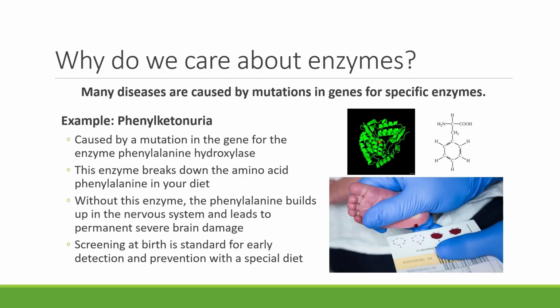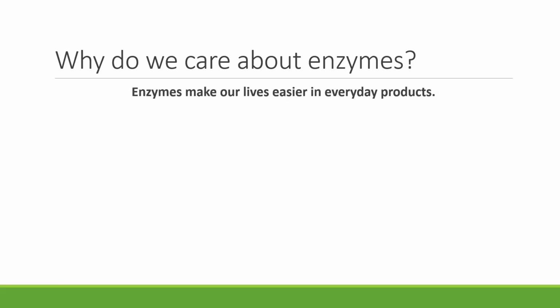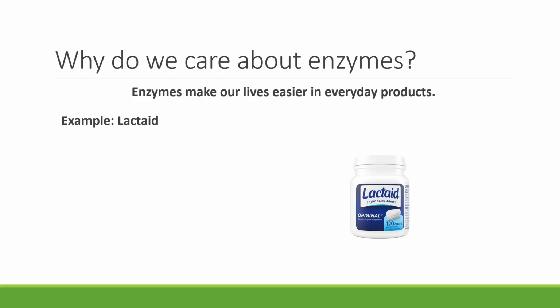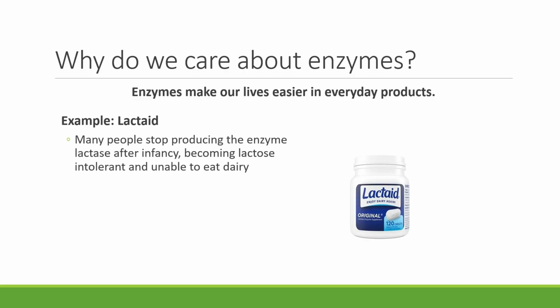Another reason why we should care about enzymes is that enzymes are crucial ingredients in everyday products that make our lives easier. So, take Lactaid, for example. Lactaid is a pill that people who are lactose intolerant can take in order to be able to temporarily digest dairy. Because the reality is that many people stop producing the enzyme lactase after infancy.